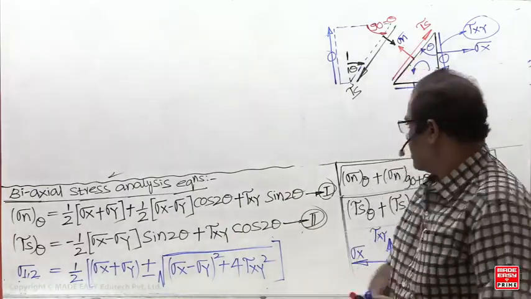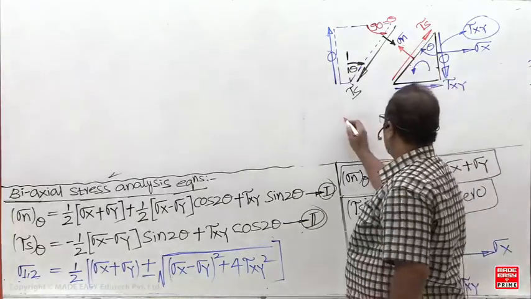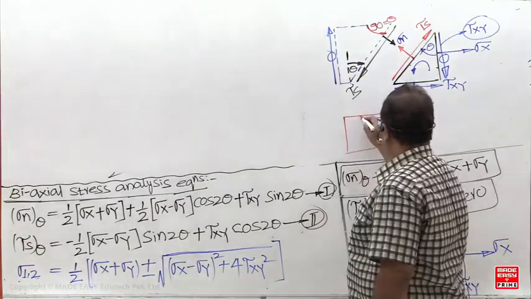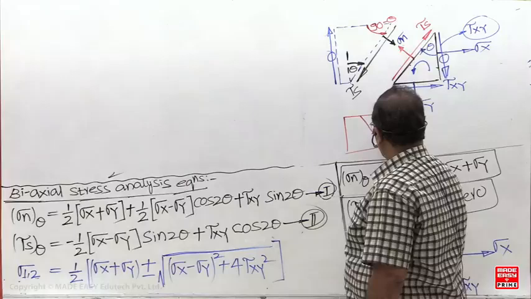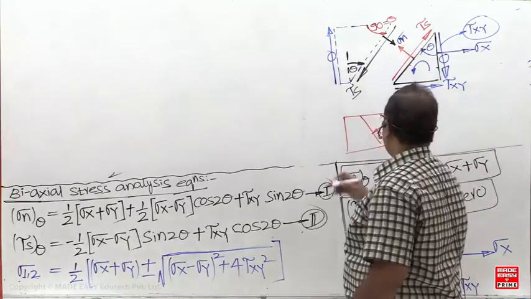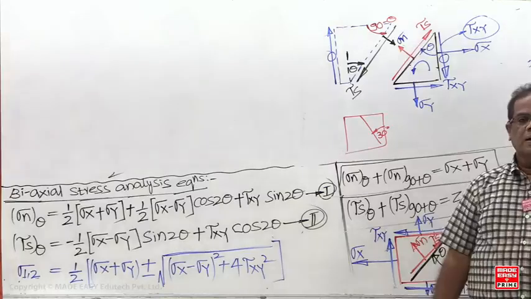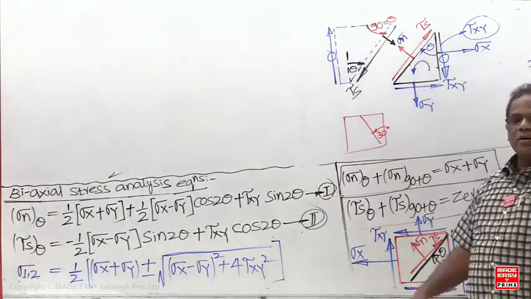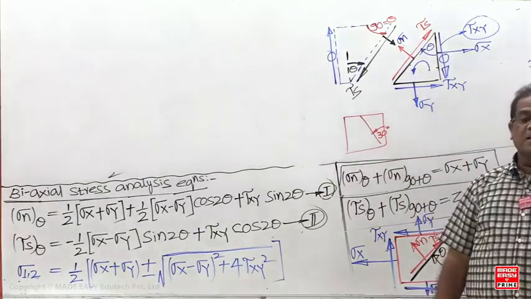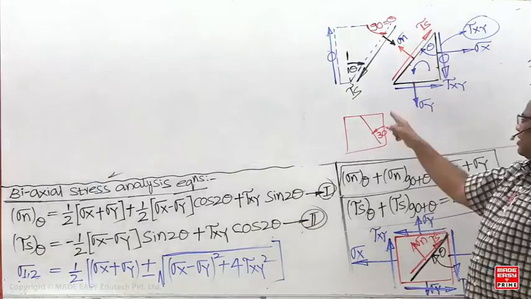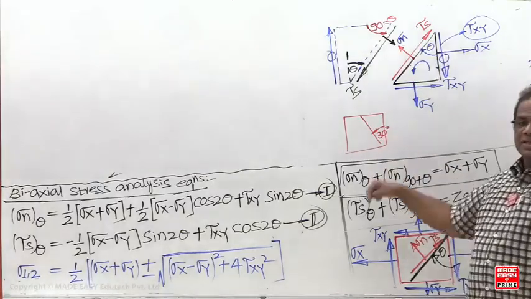Sometimes they are giving it like this. What should I take this as, plus 30 or minus 30? Minus 30, because we have taken clockwise, but this is given anti-clockwise.